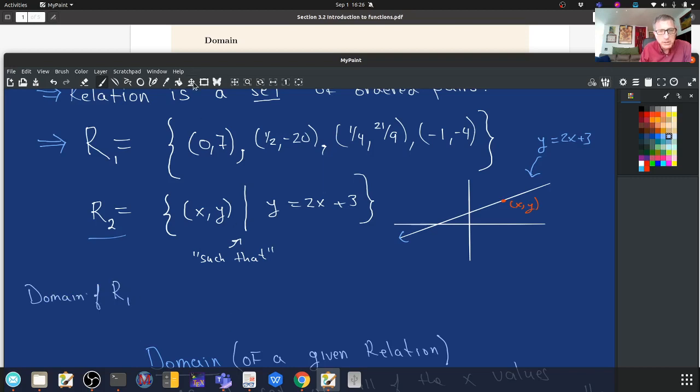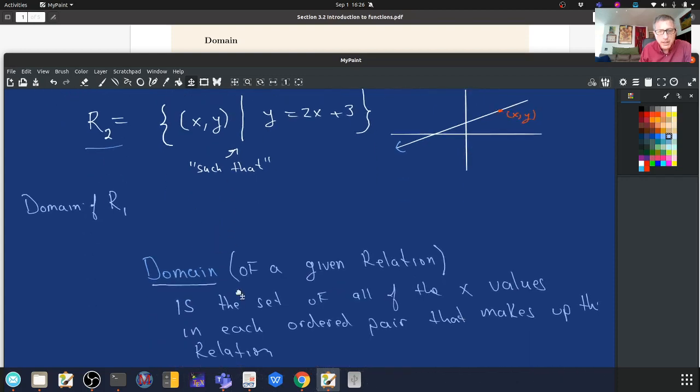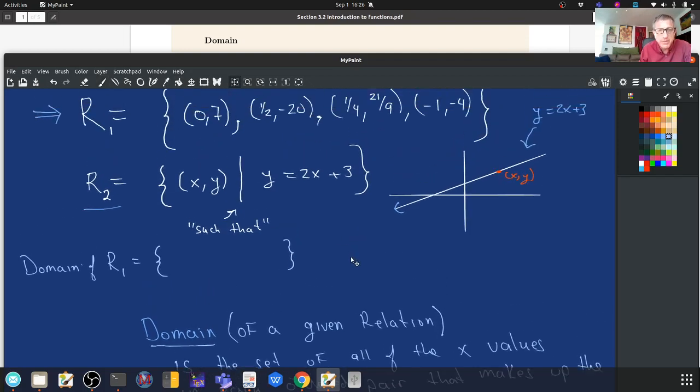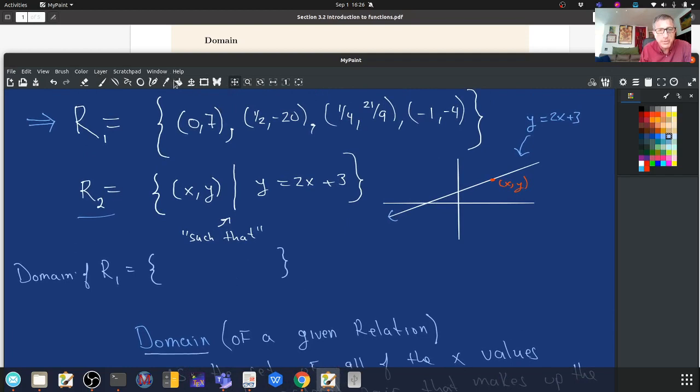Well, let's look again. It's a set. So I'm going to write this as a set. And what is in the set? It's the set of all of the x values in each ordered pair. So it's not a set of ordered pairs, but rather the x value of each ordered pair.